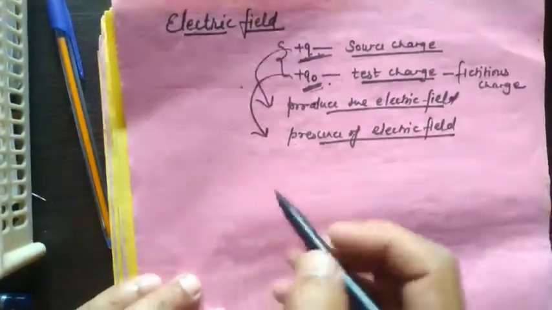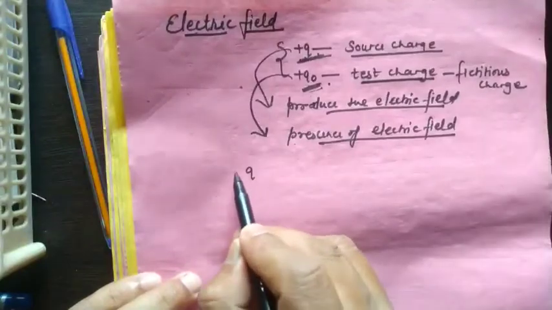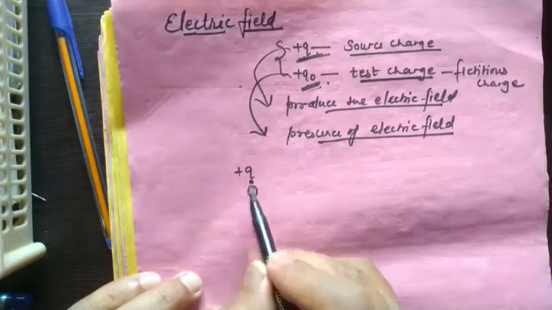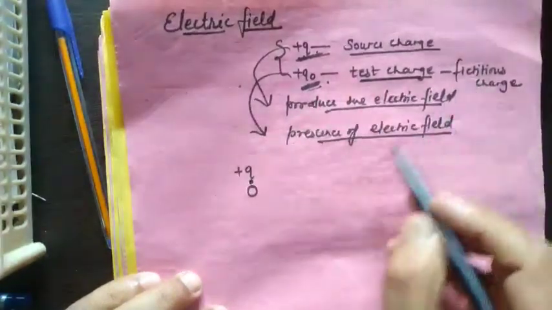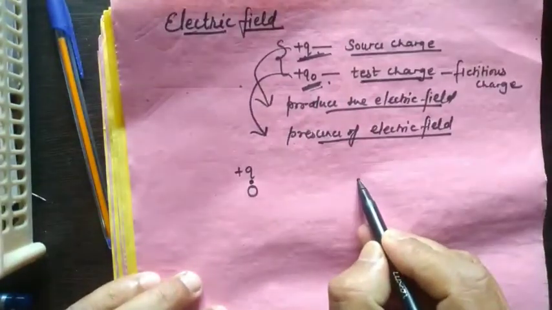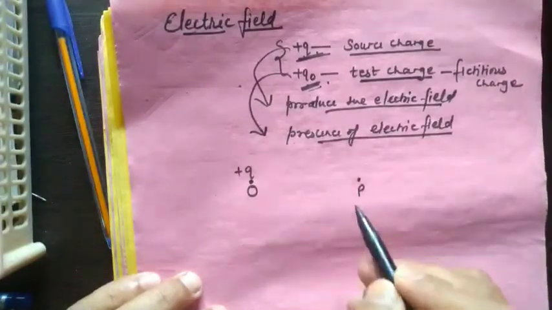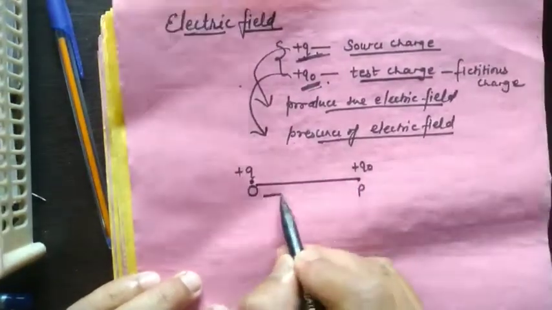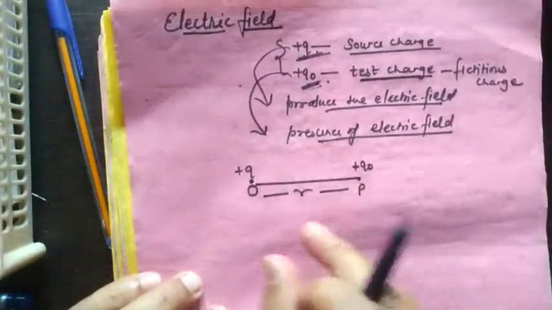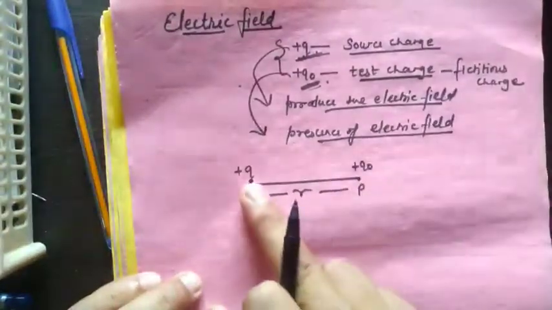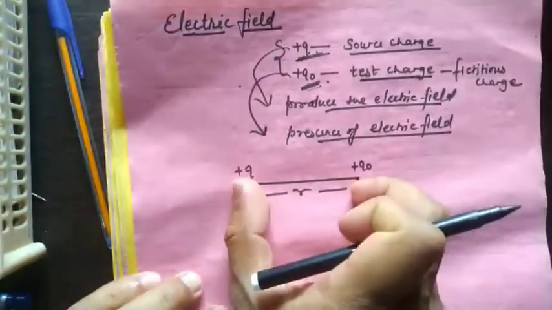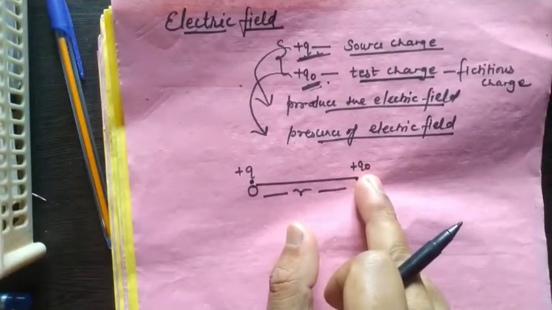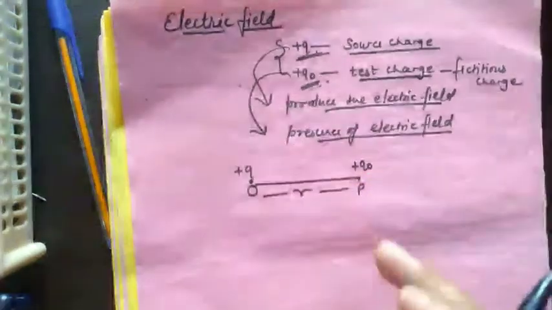So if we have this plus Q source charge situated at a point O, and another test charge Q0 situated at a point P, separated by a distance R, these have similar positive charges, so they repel each other, because similar charges repel and opposite charges attract each other.